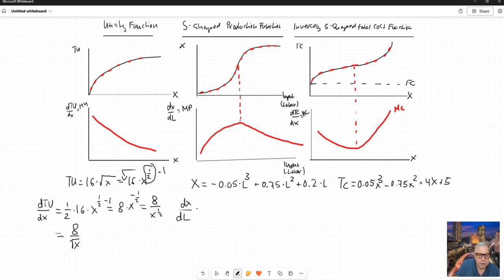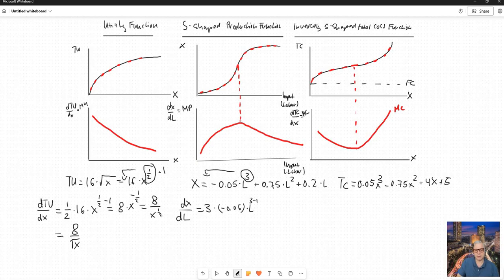And then we do again the same thing. The exponent of this term goes in front. So now we have 3 times negative 0.05 times L raised to the 3, but now we have to subtract 1 again, so 3 minus 1.